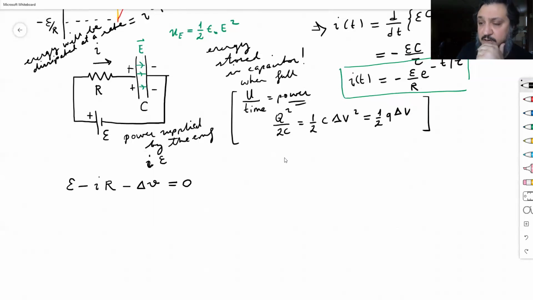But we know that the charge on the capacitor is proportional to the potential difference, delta V, which is also a function of time.